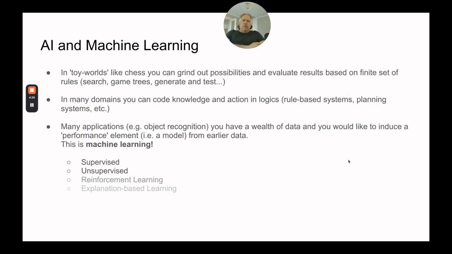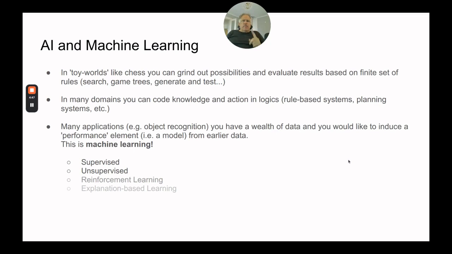Besides reinforcement learning, explanation-based learning is interesting. It doesn't get talked about much these days, but explanation-based, or one-time, learning is where you're using knowledge in your learning. The classic example is that when a child touches a hot stove, they only do it once. They never do it again.